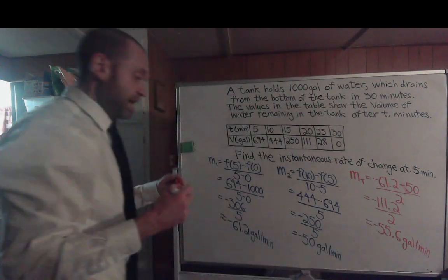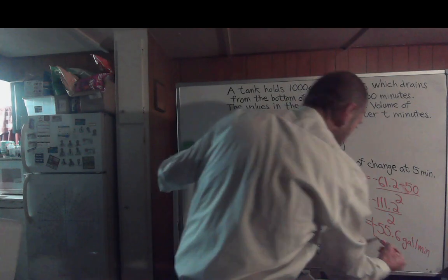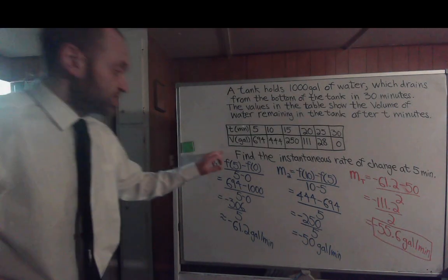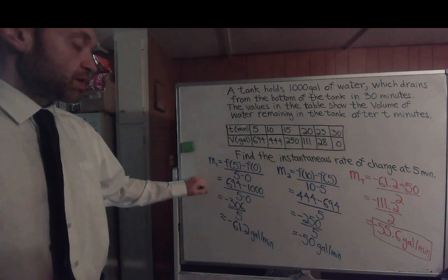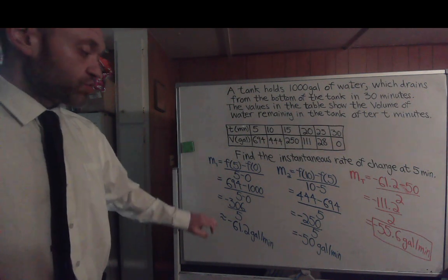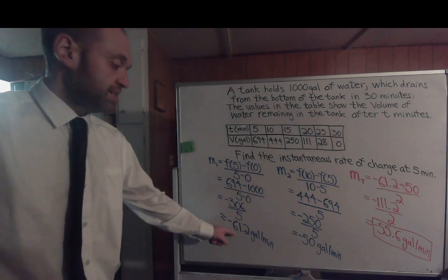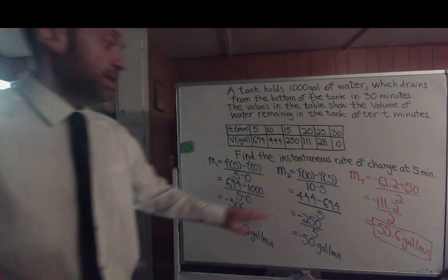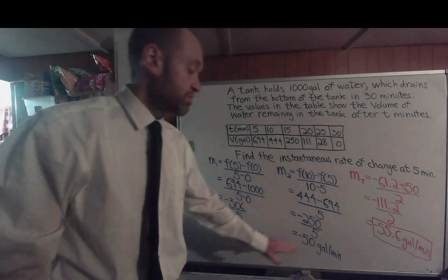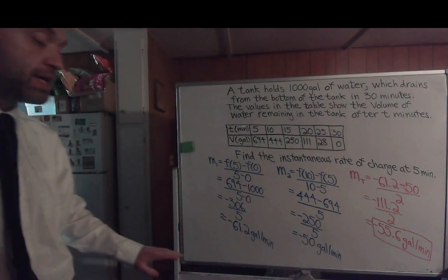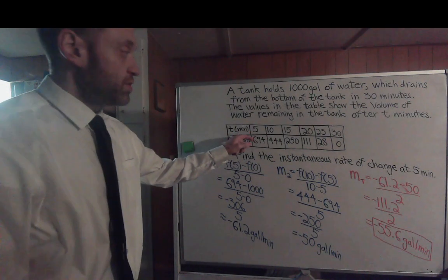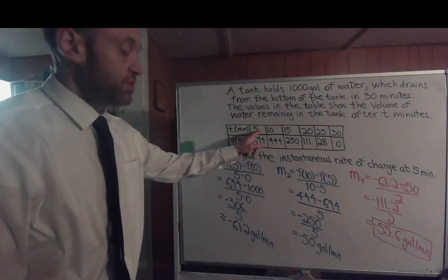So to recap this, and this would actually be our instantaneous rate of change at time equals 5 minutes. From 0 to 5 minutes, we found the average rate of change to be minus 61.2 gallons per minute. And then from 5 to 10 minutes, we found the average rate of change to be minus 50 gallons per minute. Now, again, 0 is 5 units away from 5, 10 is 5 units away from 5.